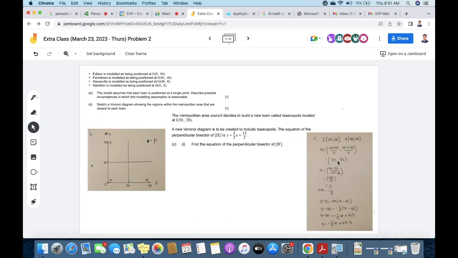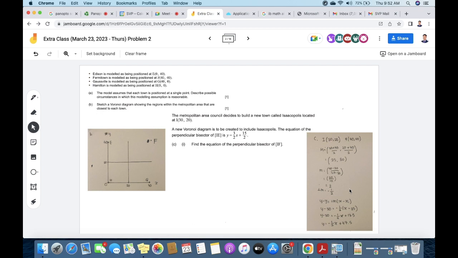So again, just to discuss it quickly, we have the midpoint, which is the point we need, a point found on the perpendicular bisector. I'm sorry, I have already erased it here. And then we found the gradient of IF. But then we need to find the negative reciprocal.